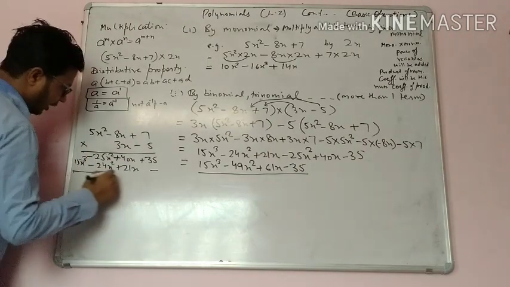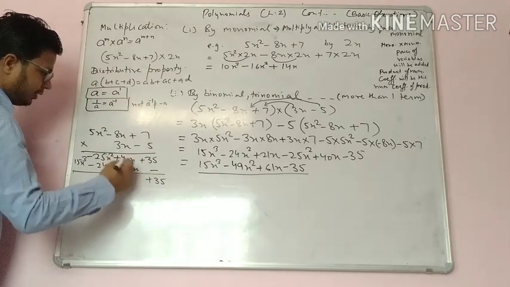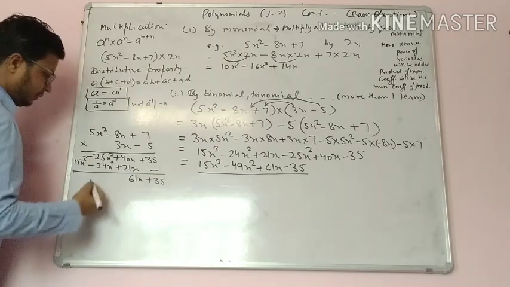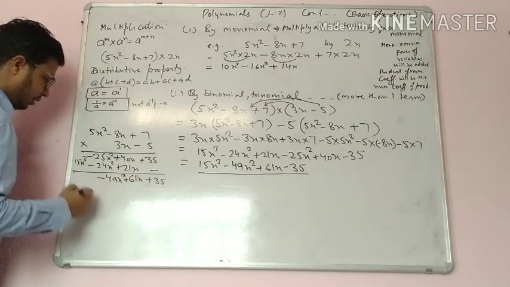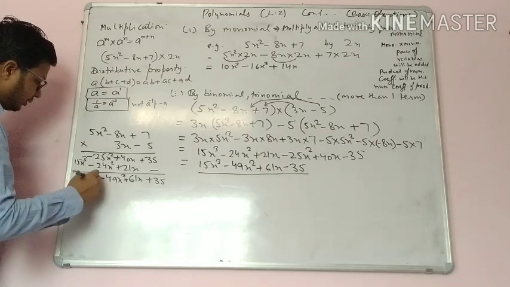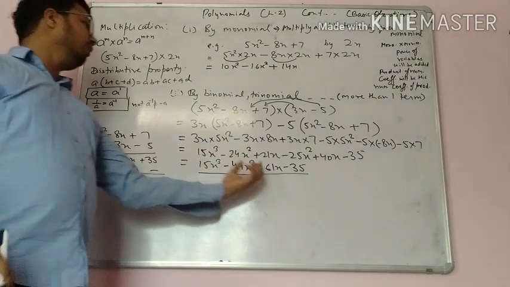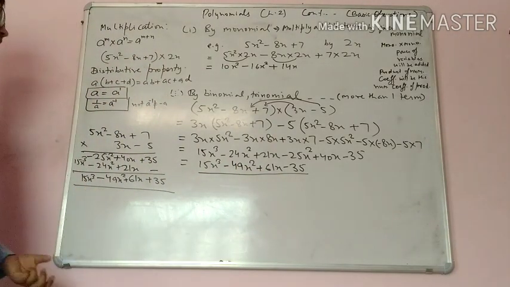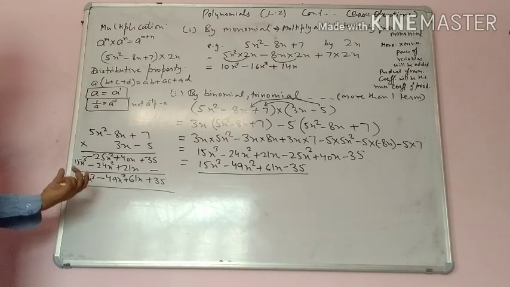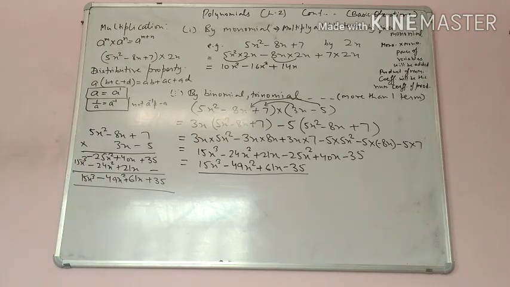Now at last we do the addition: 35, 61x, minus 49x square and 15x cube. So any method you want to use, you can use. Which one you find easier, that you have to do. Clear about it? Now next we will see the division.